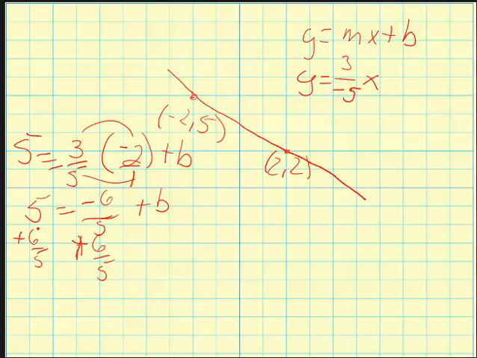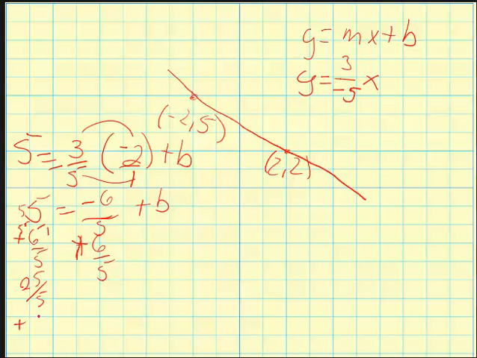Well, this is 5 over 1. I can't add 5 over 1 to 6 over 5. I have to get a common denominator. So I'm going to multiply this, real little here, by 5 over 5. That makes it 25 over 5. Okay, this is junior high math. I hope you remember it.